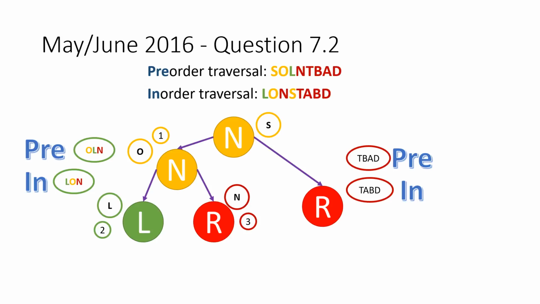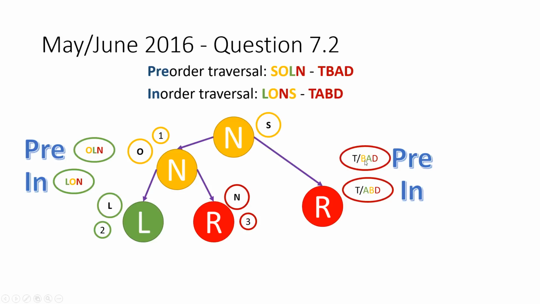So I've posted a question to the lecturer to try and find an answer. But in the meantime, I was mulling it over in bed, trying to think, how can I solve this kind of situation? And I've realized that if I drop the T, I've got 3 letters, and that gives me my pre and my in. So from the next slide on, you'll see I've made use of that.